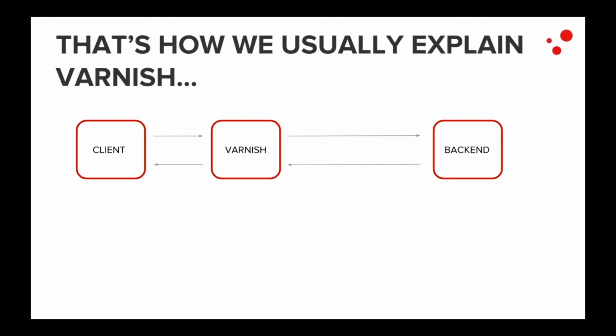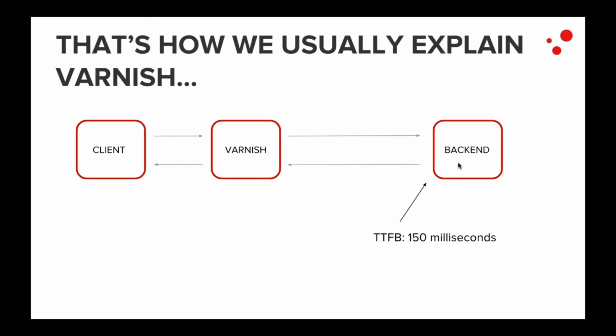Why is this? That's how we usually explain what Varnish does. We have a client, we have a backend, and we have Varnish sitting in between. A client comes in and sends a request for a specific page, anything. The first time, this request will be generated in the web server, so client number 1 will be served by the backend, and this will take something like 150 milliseconds time to first byte.